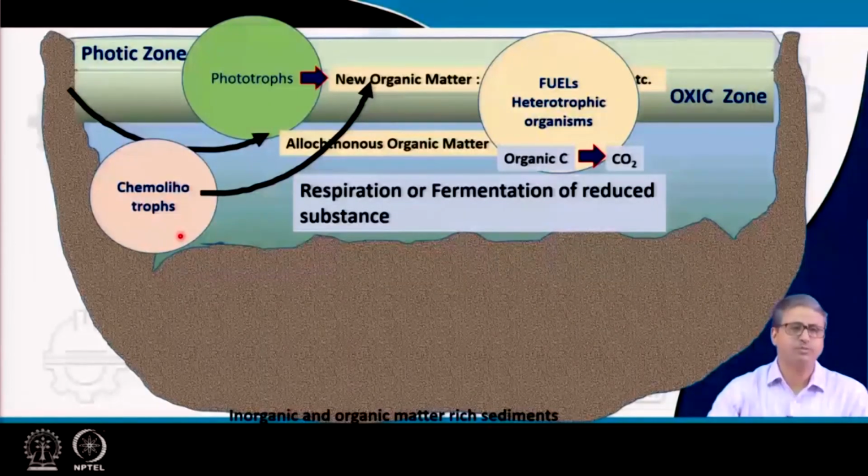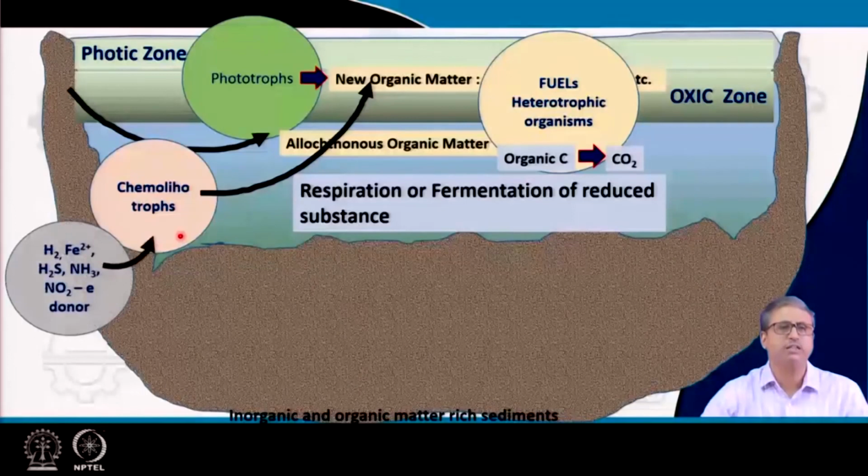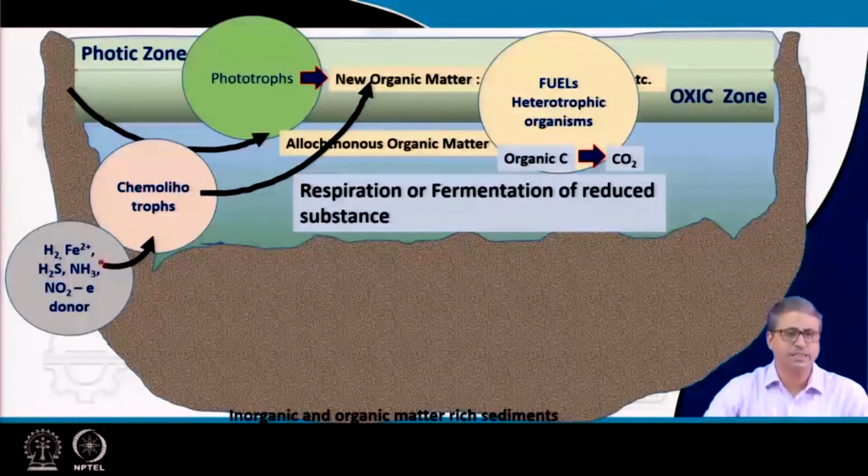These chemolithotrophic bacteria utilize different reduced inorganic materials and oxidize them, like hydrogen, Fe2+, H2S, ammonia, nitrite, etc., as electron donors. So, these are also naturally available.